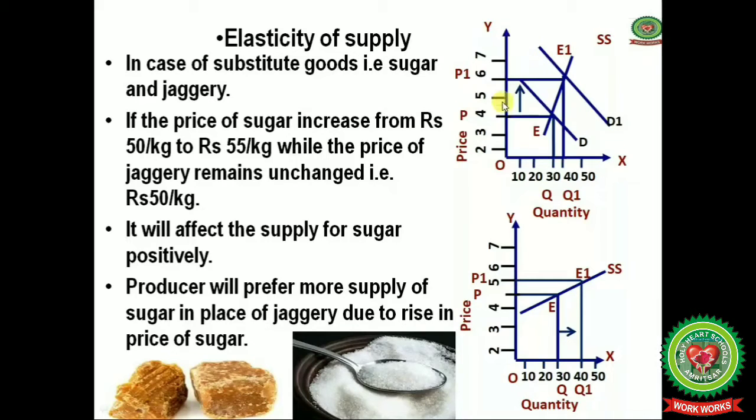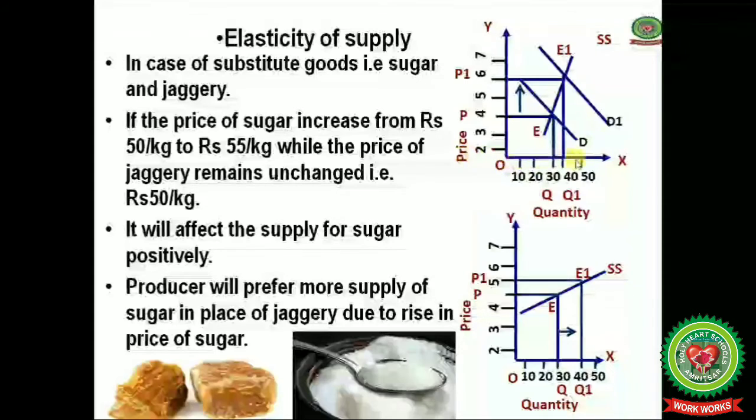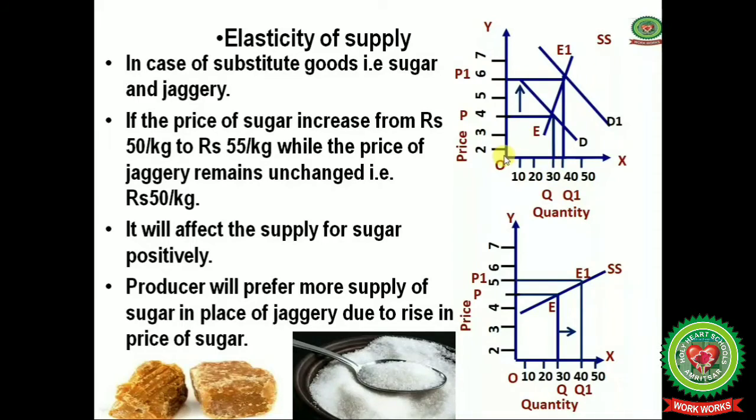From the diagram also you can see that on the y-axis we have measured the price and on the x-axis we have measured the quantity. With the increase in the price of a commodity from rupees 4 to rupees 6, what happened? At rupees 4 the quantity supplied was 30 units, and when the price increased from rupees 4 to 6, the quantity supplied is 40, which means an increase in the quantity supplied, but how much?